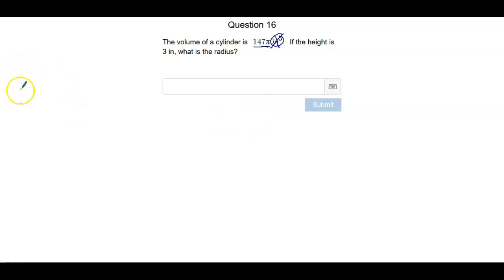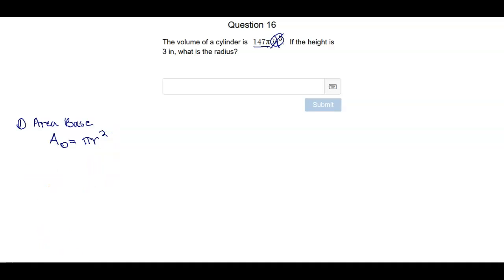So remember our steps to finding volume, because we're going to use those to kind of work our way backwards. The first one is to find the area of the base. In this case, because this is a cylinder, we know that the base is a circle. So we're going to do the area of a circle, which is equal to pi times radius squared.